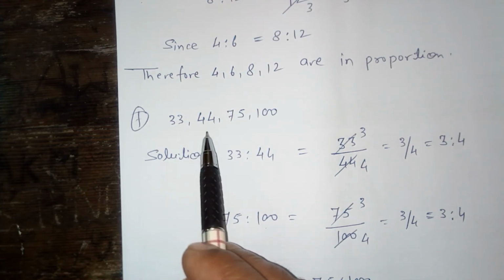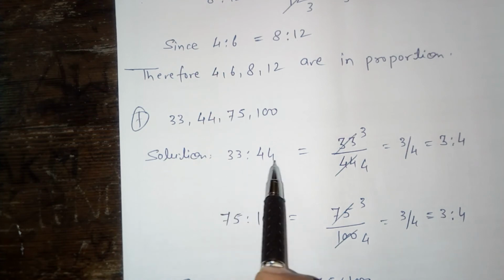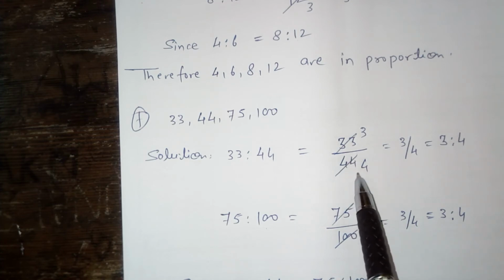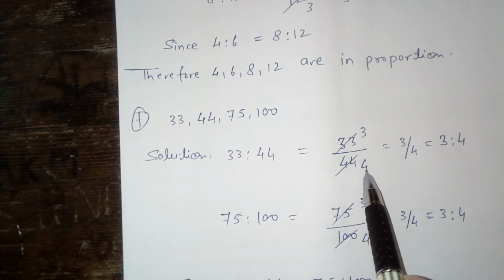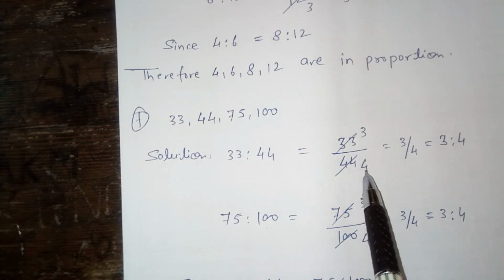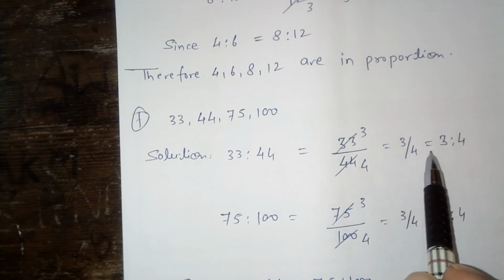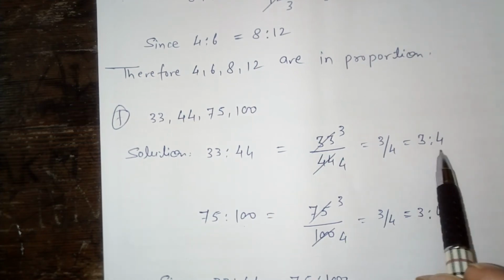The ratio of first and second number will be 33:44 is equal to 33 upon 44. 33 and 44, it will be cancelled by 11. 11 3s are 33, 11 4s are 44. It will give to you 3 upon 4 is equal to 3:4.